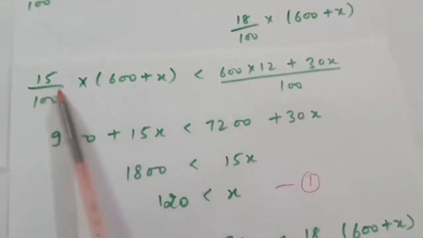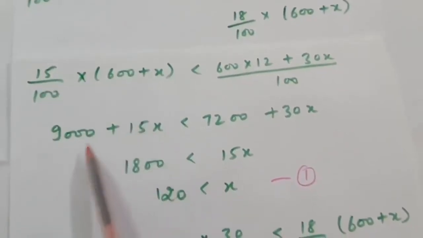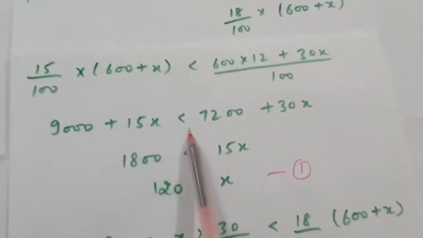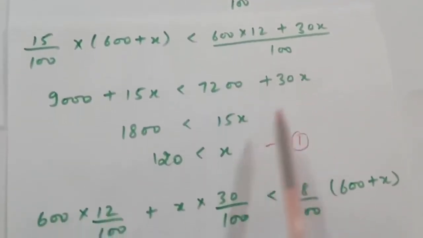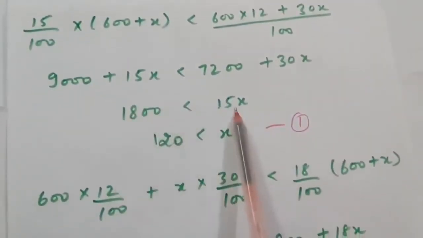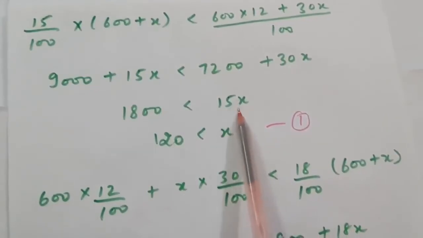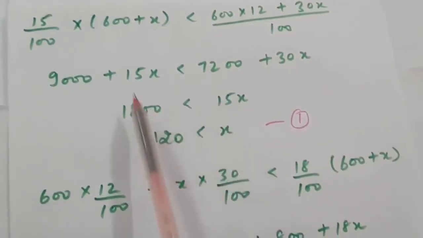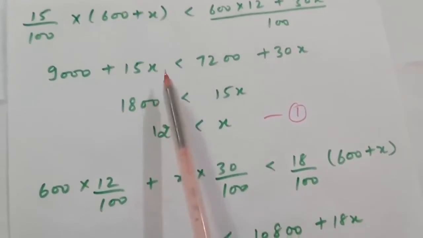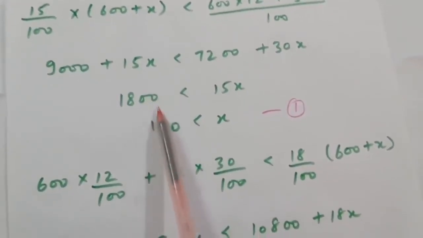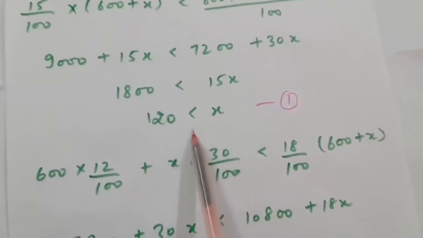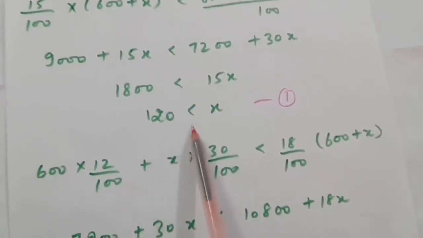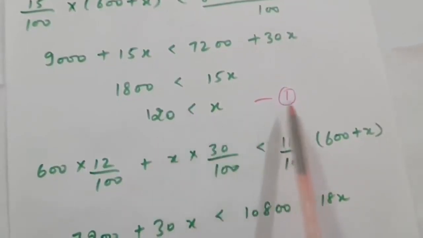Now multiply 15 with 600: 9000 plus 15x less than 7200 plus 30x. Subtracting 15x from both the sides, you will get 15x here, and also subtracting 7200 from both the sides, you will get 1800 here. Now dividing by 15, x is greater than 120. This is the solution from the first part. Let this be 1.